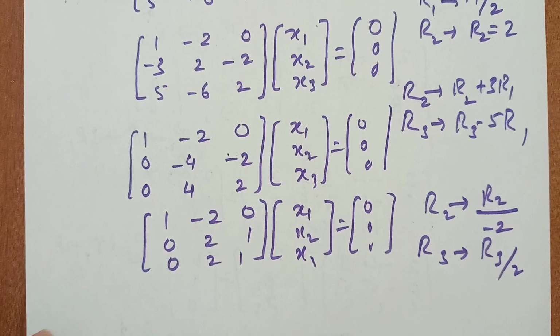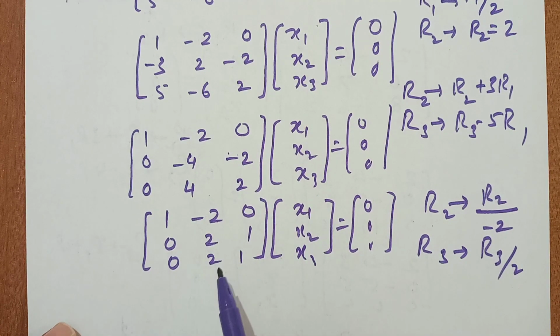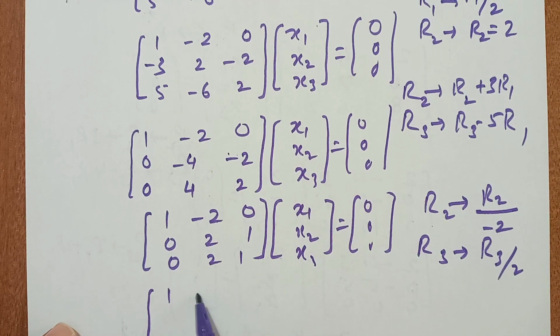Now these two rows are equal, so R3 tends to R3 minus R2. Here we get 1 minus 2 0, 0 2 1, 0 0 0.